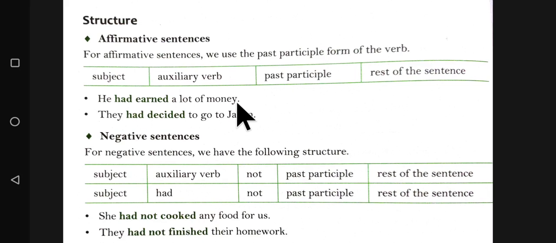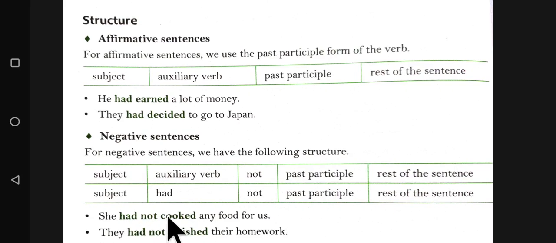Now next comes the structure for negative sentence. So again it is somewhat same as affirmative sentence, but only not is included in between. So the pattern goes like this: first comes subject, then comes auxiliary verb, and the auxiliary verb used is had, then not, then past participle form of the verb, and then rest of the sentence.